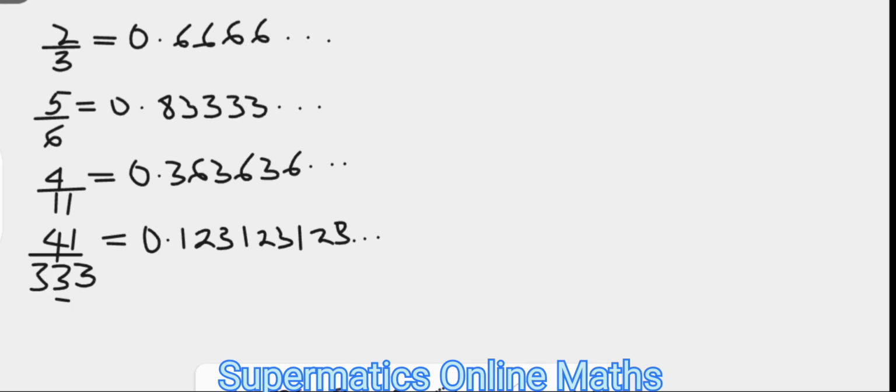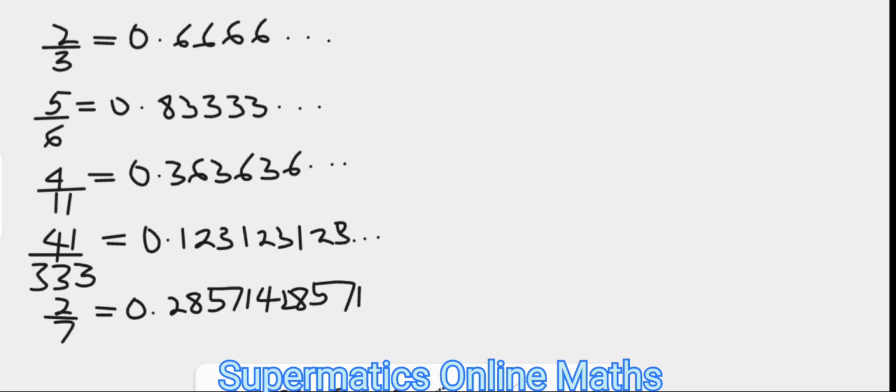Maybe one more, 2/7, and that is 0.285714 285714, and so on, with a pattern repeating itself. Now, these are called recurring decimals.